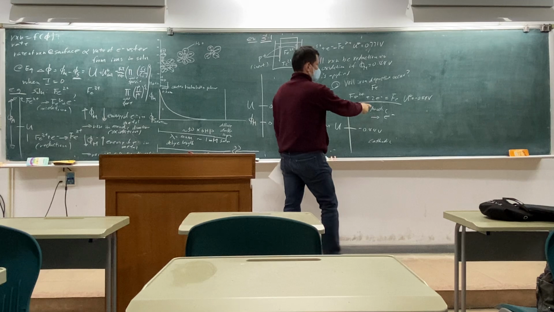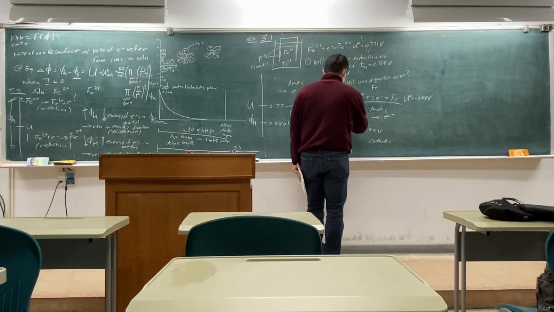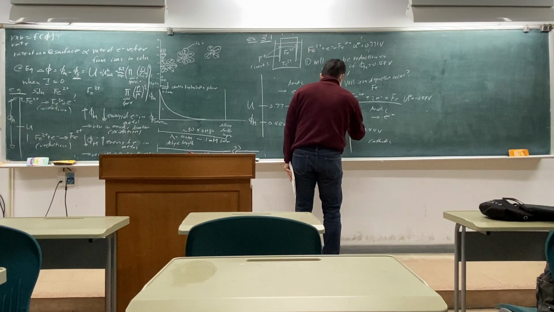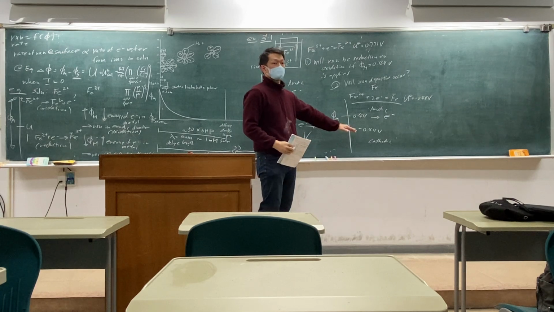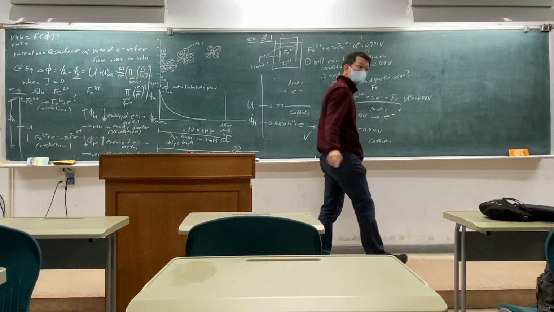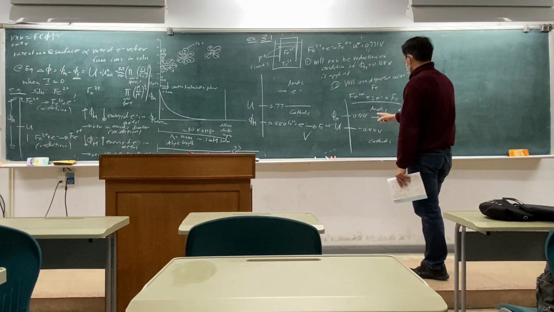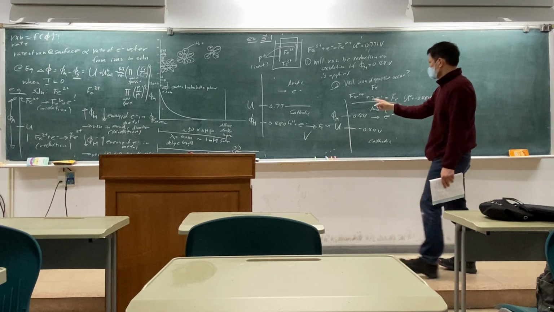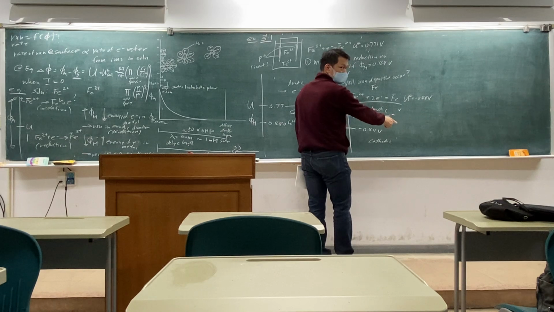Because we're at a point that is above this minus 0.44 volts, we're in the anodic phase, and that means the electrons are on the right-hand side of the reaction.